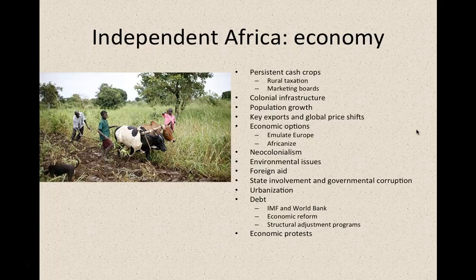We talked about foreign aid already, but relative to the economies of these African nations, foreign aid ended up being a major sector of their economies.